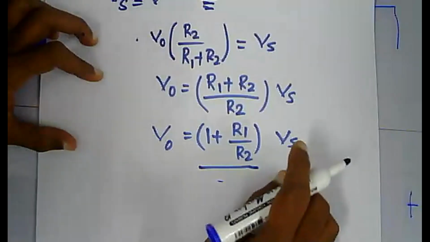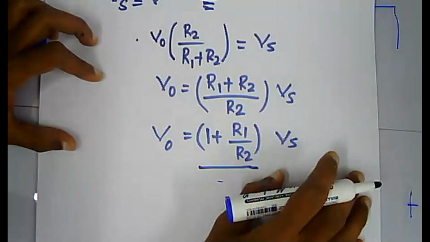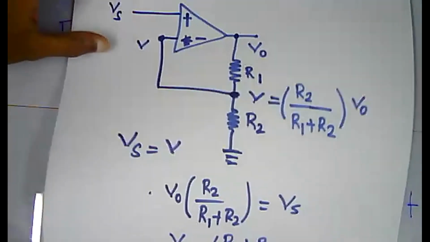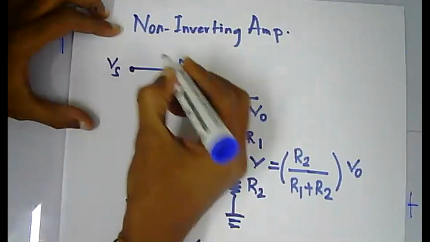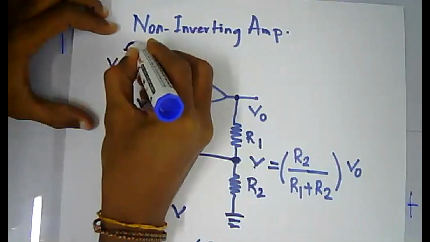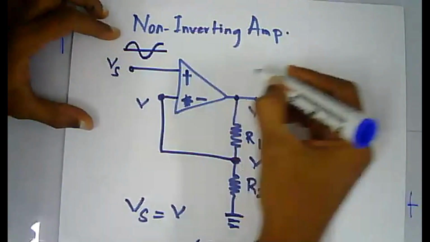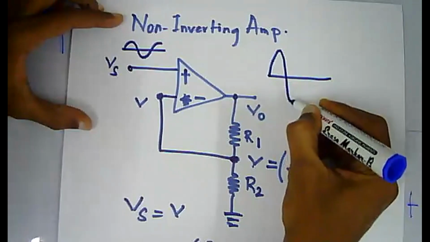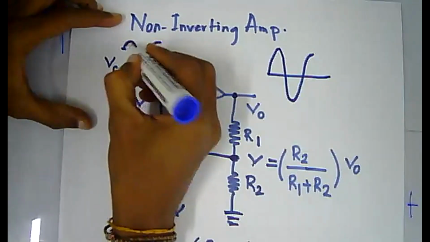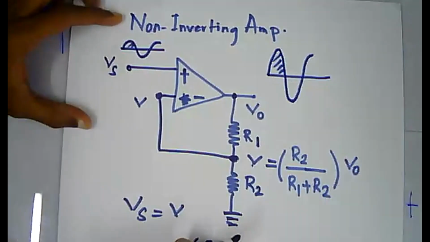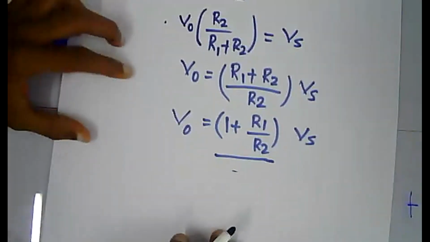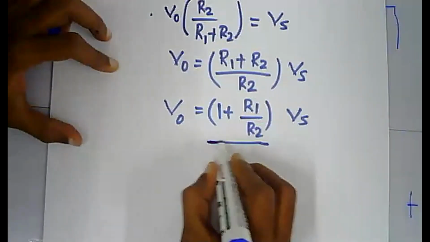Hence, this is always greater than or equal to 1, and there are no negative signs. So if you have a signal something like this, your output will always be in phase with the input but amplified, something like this. The positive half cycle will be a positive half cycle, right?